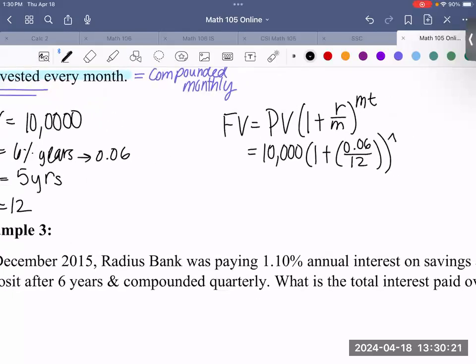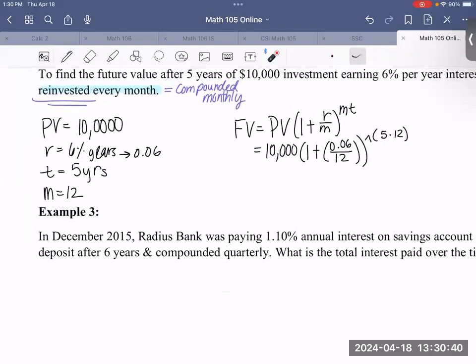And I'm going to kind of write it as if I was going to be punching it into our next calculator, which is 5 times 12. And if you wanted to simplify, you can always multiply out. If it's a quick multiplication, like this one's going to be coming out to 60, that's okay. It won't mess up your answer.